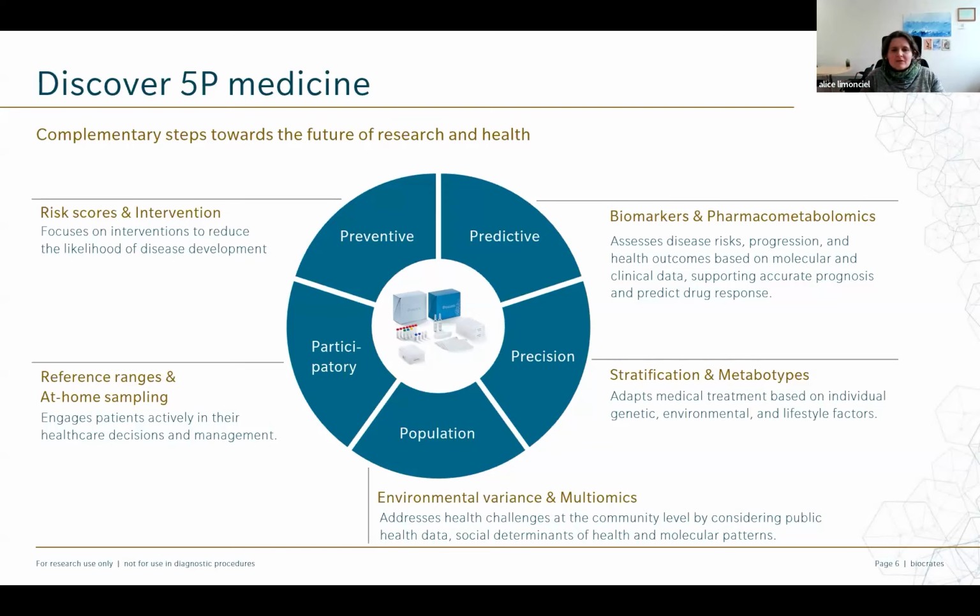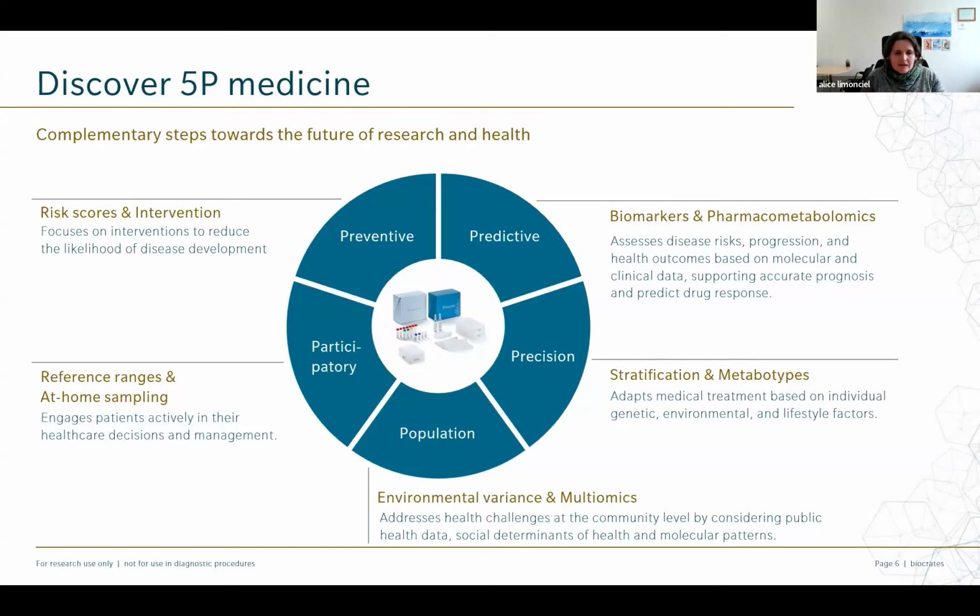But of course, when you receive those samples, or also when you measure metabolite levels in an individual, you need to have a reference range to know if this is a normal concentration or not. And so for that, reference ranges based on quantification of metabolites, for example, in the blood or in other matrices, are necessary in part to enable this participatory medicine aspect.